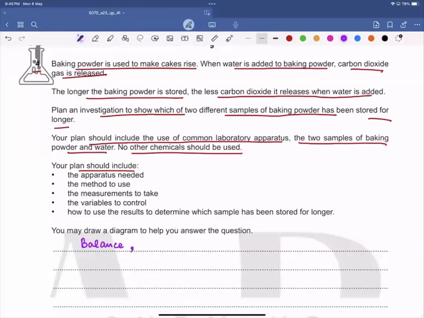And so to heat them, for example, we are going to put them in a test tube and a gas syringe where the gas is collected, and we record the volume of the carbon dioxide that has been prepared. So apparatus needed, the method to use.